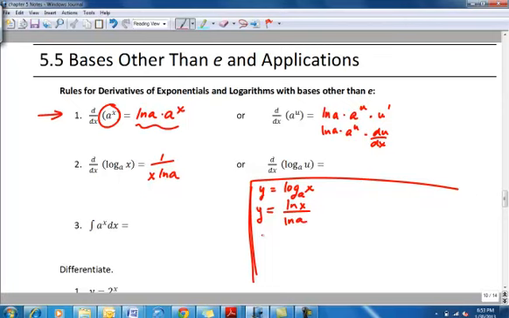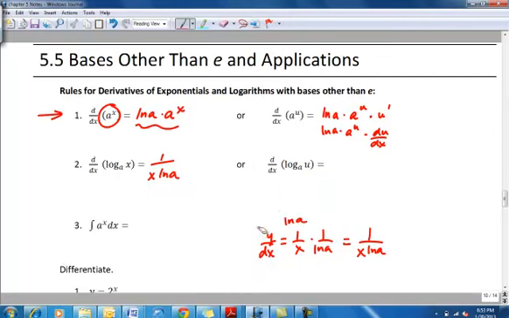Now let's differentiate both sides. So dy dx is equal to, of course, the derivative of ln of x, which is 1 over x, times 1 over ln of a. And that's 1 over x times ln of a, like so. So again, hopefully that proved that to you. Just a quick little proof on how that works.